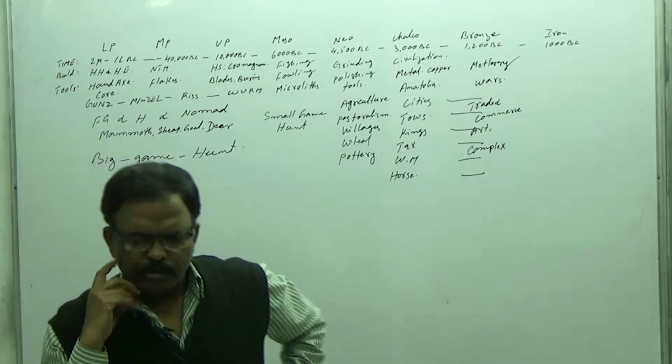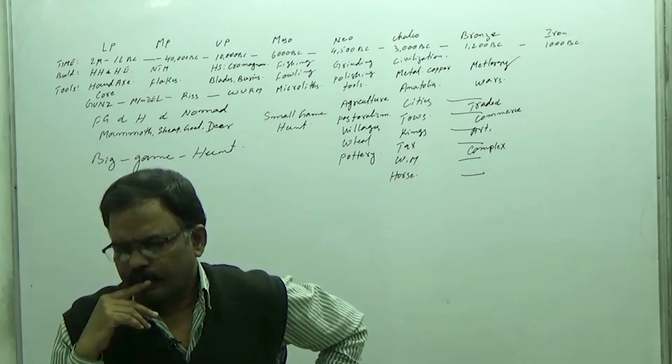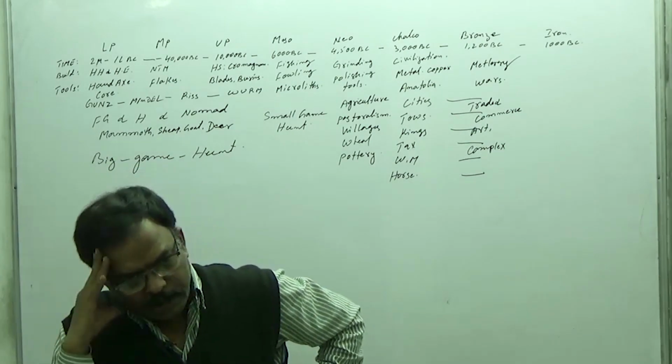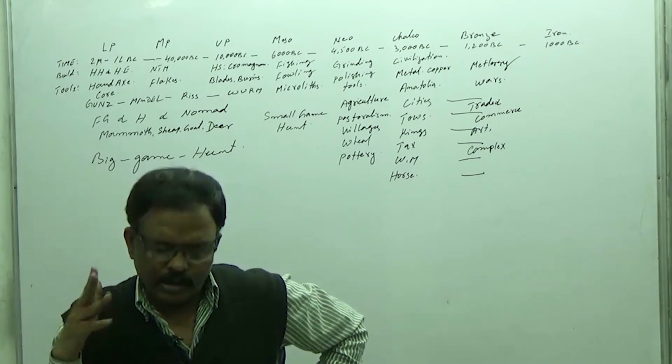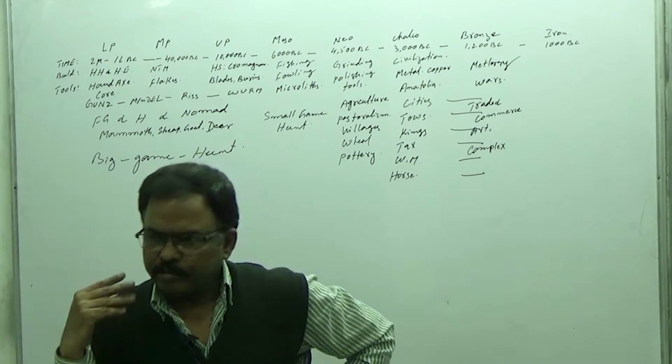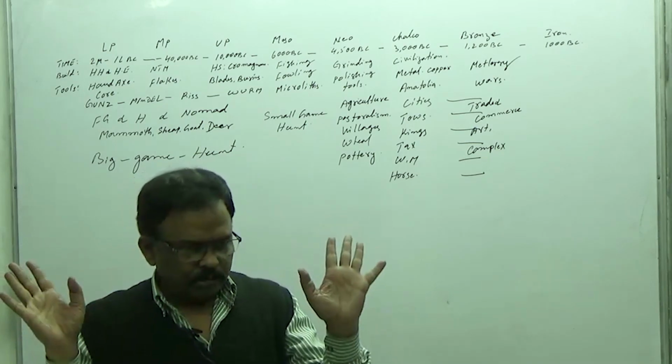Almost Neolithic, many times Neolithic. Shall we see the total? Shall we see all? But as per examination, I am saying Paleolithic, Mesolithic, Neolithic, and the remaining they never ask.